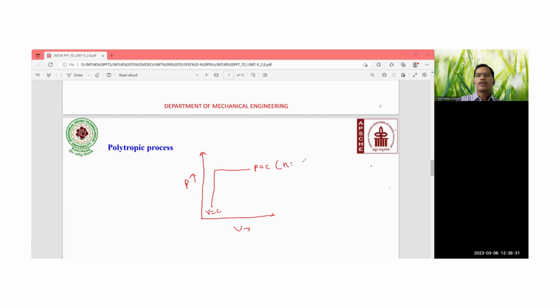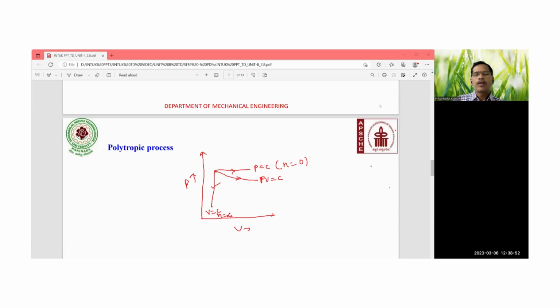Here n is equal to 0. Here n is equal to infinity. And the first one you are going to get is the isothermal process, PV is equal to constant. The direction is also important. This is the isothermal process.